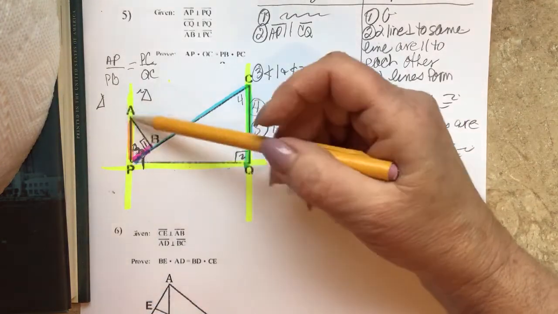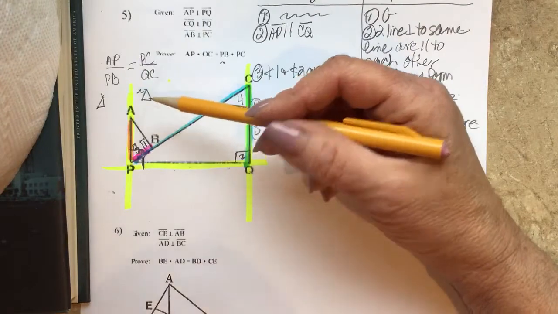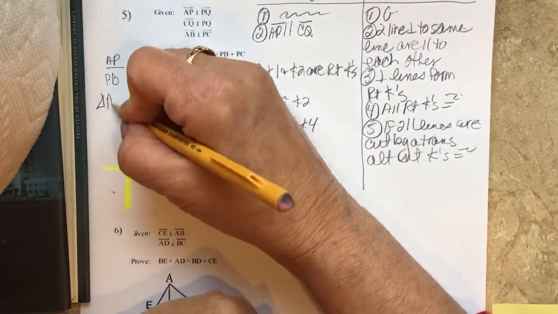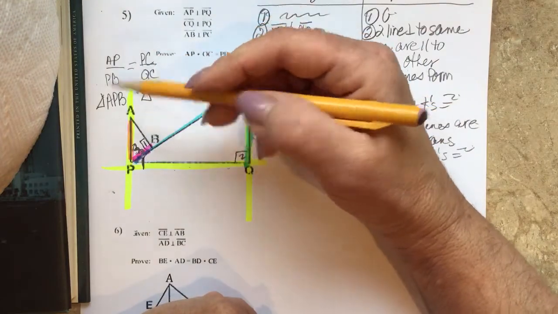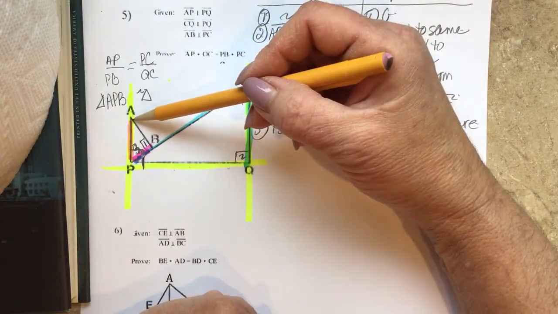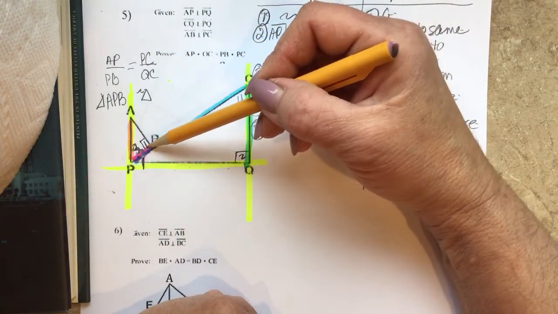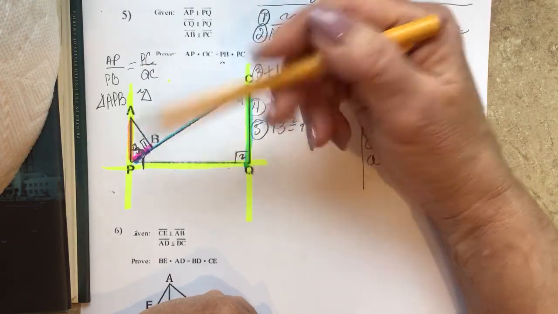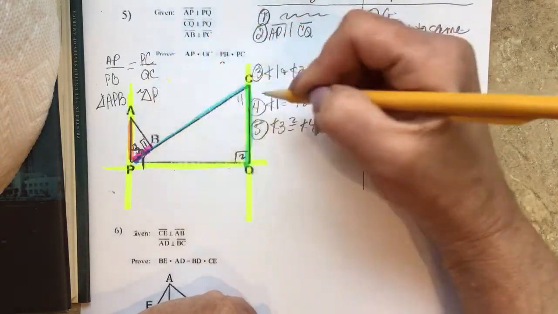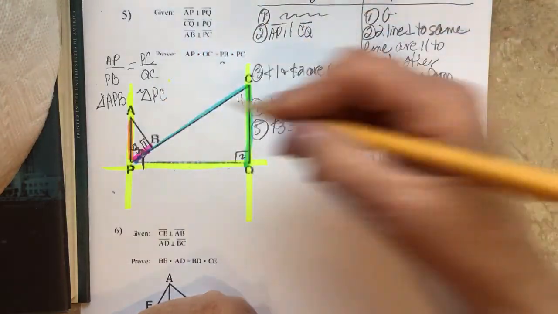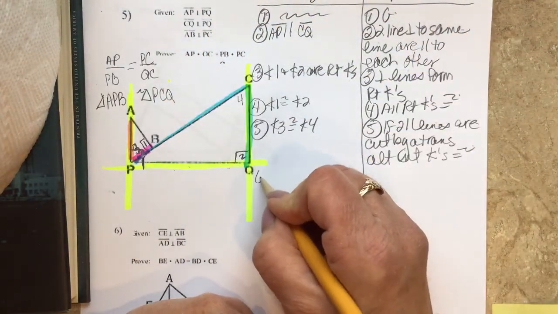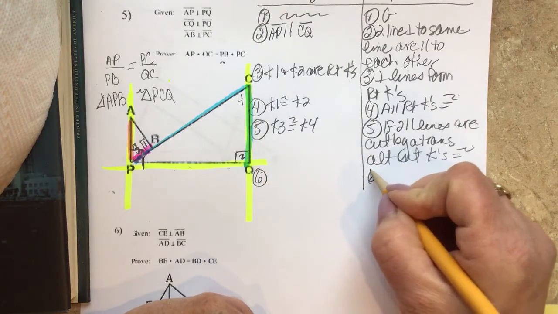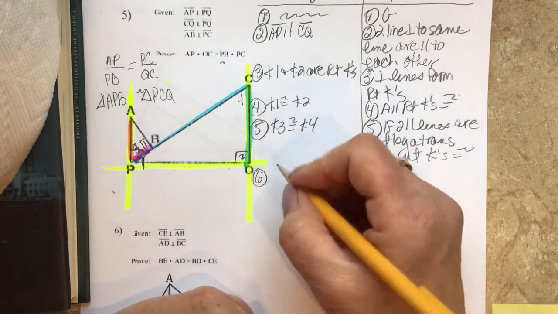All right, I never named the triangles here, so let's call this APB. APB would be similar to triangle. Well, I went from nothing to the alternate interiors to the right. All right, now the triangles are similar.